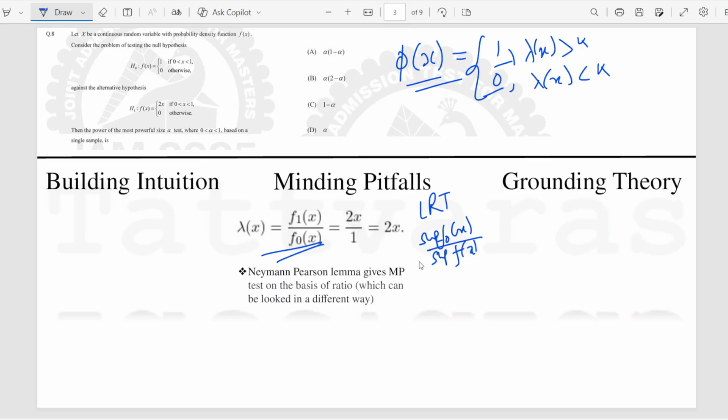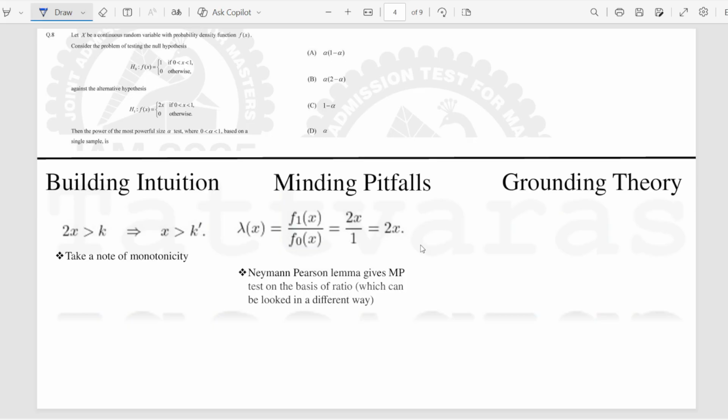So that is why there can be confusion, that here this thing is on top and this one on the bottom, but in likelihood ratio test this similar structure is on the top. So just being mindful is good.